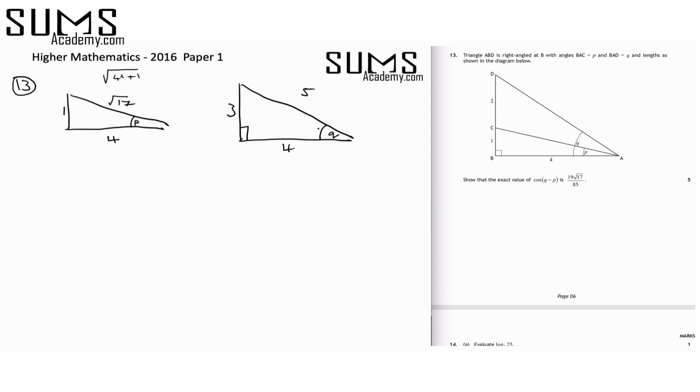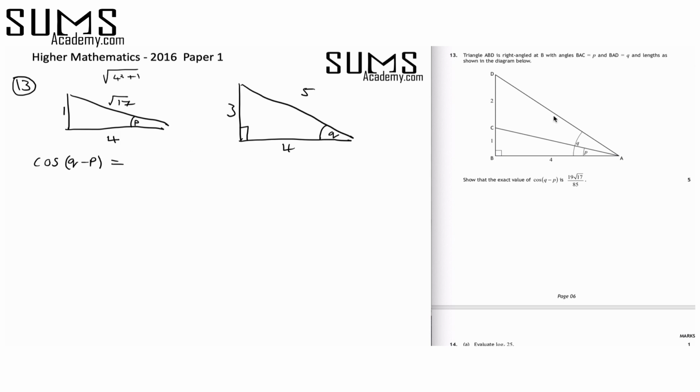Right. So what we can do now is, let's actually think about it this way first, as this might make more sense. We've been asked to work out what the cos of Q minus P is, right? So cos Q minus P. Okay, so how are we going to work that out?